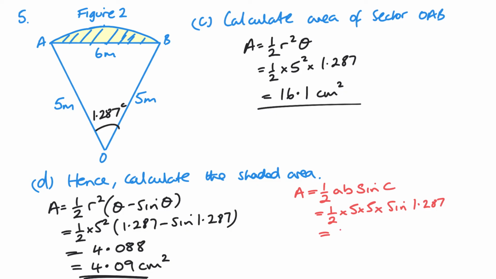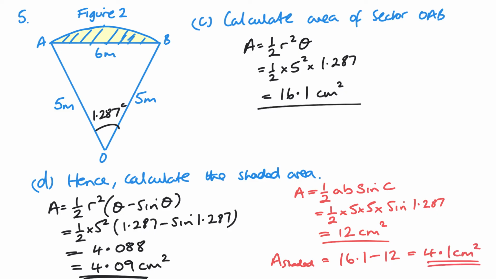And that actually gives me an exact answer of 12 centimeters squared. So I can see that the area of my shaded region is that 16.1 minus my 12, which is 4.1 centimeters squared. And that's obviously the rounded answer because I rounded up here.